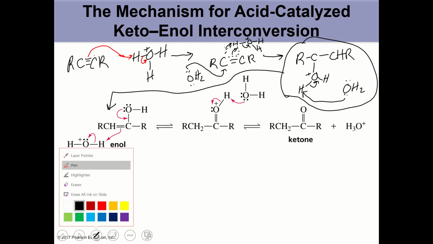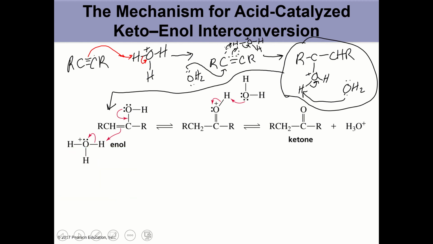tautomerization. Looking at the tautomerization part, in tautomerization our carbon-carbon double bond donates electrons to pick up a hydrogen from the acid. And when that occurs, the carbon that doesn't make a bond to hydrogen becomes positively charged, and oxygen donates electrons to eliminate the carbon positive charge and take on an oxygen positive charge.